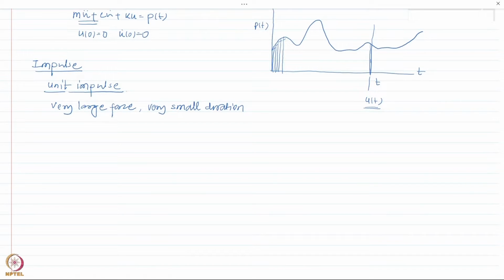So the force that acts for a very small time with very large magnitude is characterized as an impulse, such that it still has a finite area under the force-time diagram.